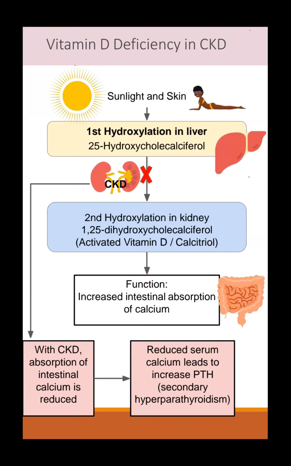If we give calcitriol, the active vitamin D, it will help CKD patients increase intestinal absorption of calcium. In CKD patients intestinal calcium absorption is reduced, so serum calcium falls, leading to increased PTH level. So I have to advise exposure to sunlight and more calcium and vitamin D to minimize the presentation.